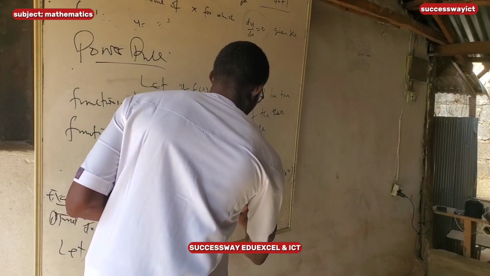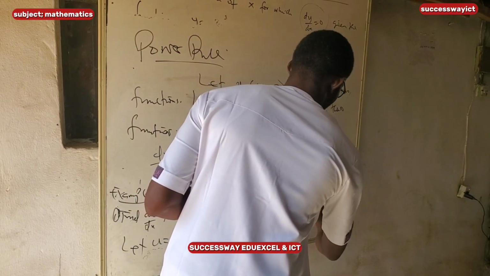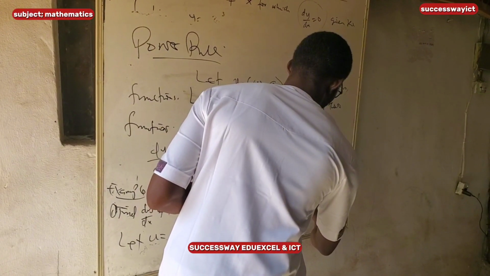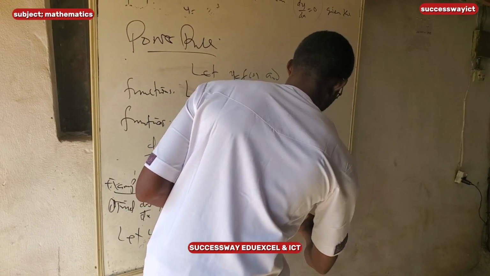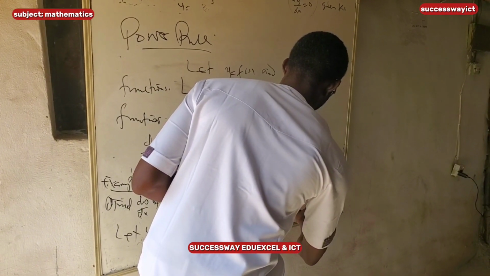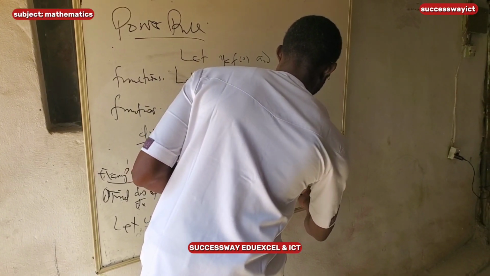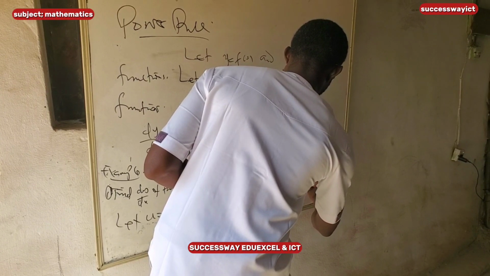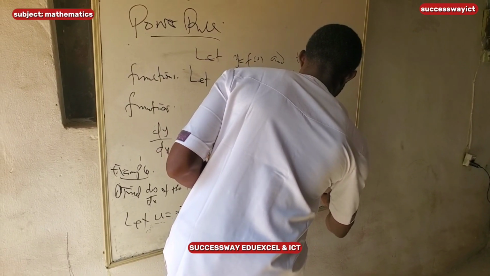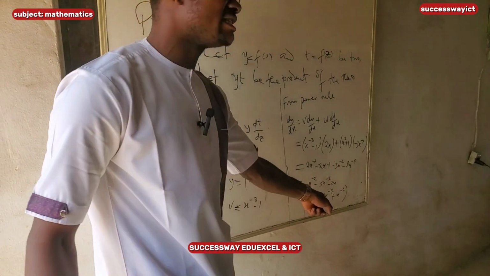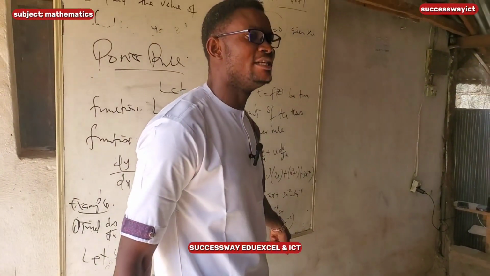You are going to have minus x to the power minus 2, minus 3x raised to power minus 4, minus 2x. This is the same thing as minus x to the power minus 2, minus 2x plus 3x to the power minus 4. You have this here. So when you use the product rule, this is your dy/dx.